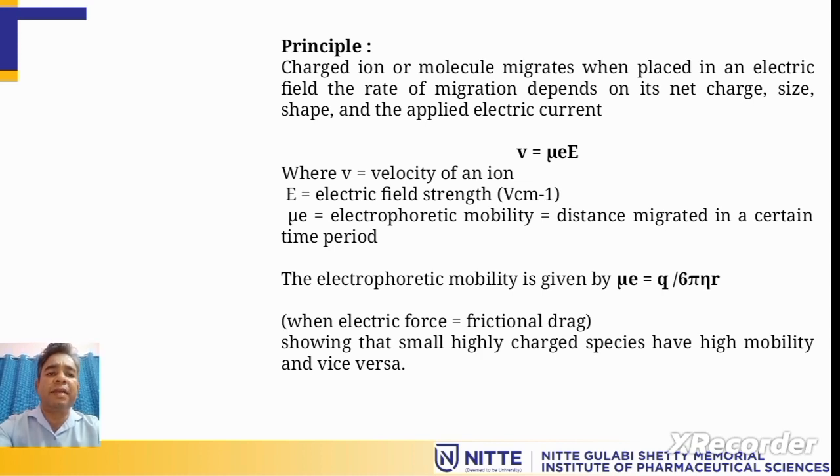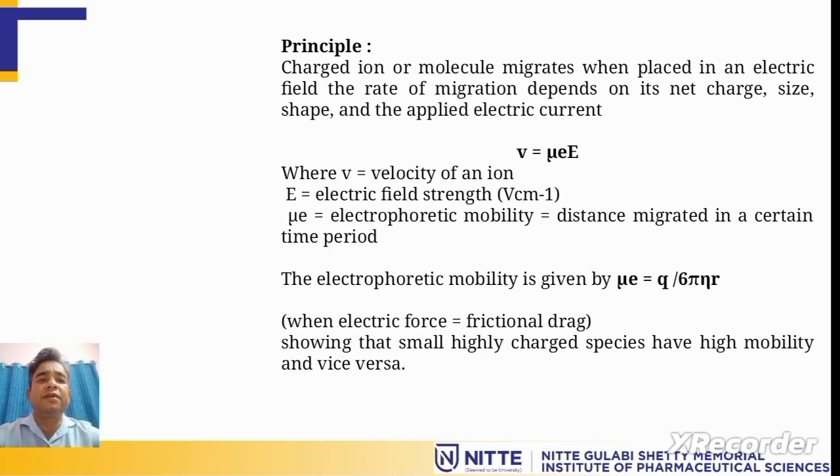What is electrophoretic mobility? It is the distance migrated in a certain span of time by the ions. The electrophoretic mobility is given by the equation q over 6 pi eta r. Here eta is the viscosity, which plays a vital role, and all other parameters are constants: 6 pi r is a constant, and q is the charge. The electrophoretic mobility of a substance is generally controlled by the retardation.